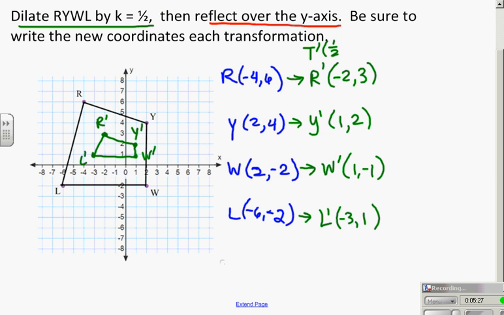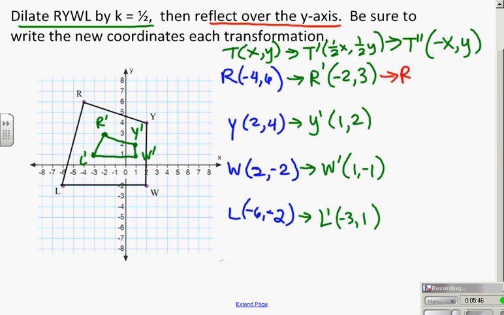For notes, let's do this here. P prime would be (1/2 x, 1/2 y). So then T double prime to reflect over the y-axis is (-x, y).